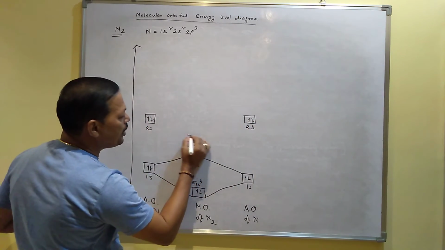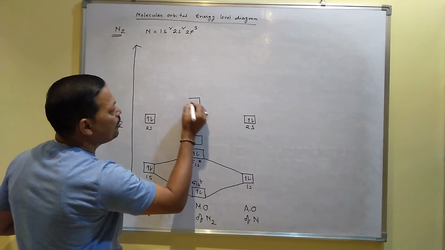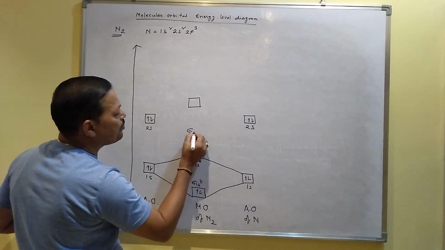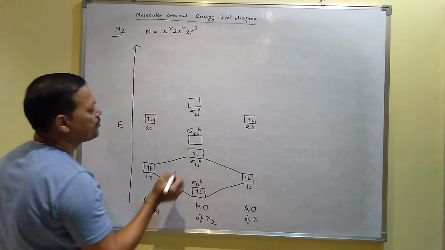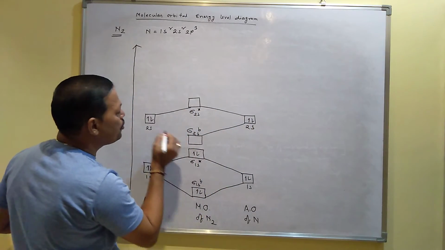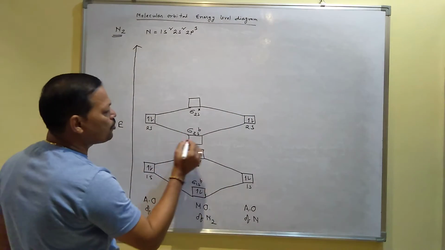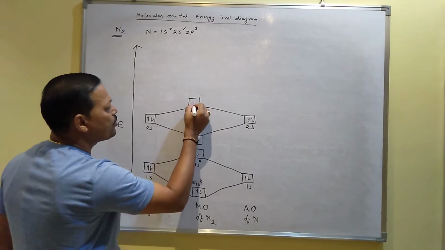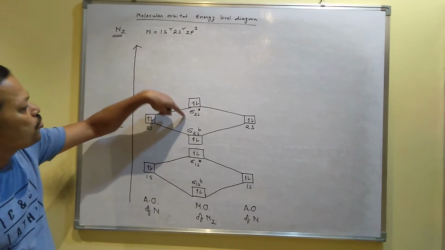When these 2 combine, as you know 2s combines with 2s, they form 2 molecular orbitals. One is called sigma 2s bonding, one is called sigma 2s anti-bonding. These 2 are formed by the combination of these 2s atomic orbitals. Here 2 electrons, here 2 electrons, total 4. So 2 should be here, another 2 should be here. So this is for the 1s orbital, this is for the 2s orbital.